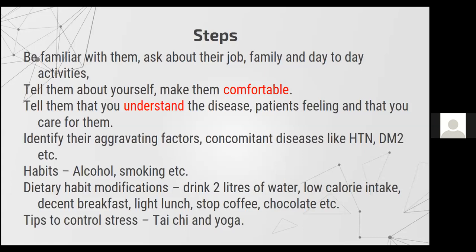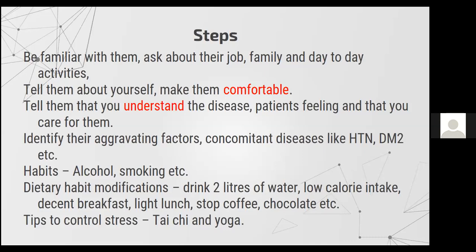And you have to also see the aggravating factors. Like if the patient is having arthritis, then you have to refer him to an orthopedician. Or if the patient is having hypertension or diabetes mellitus, then you have to treat that first. If the habit is alcohol or smoking, then you have to stop it.